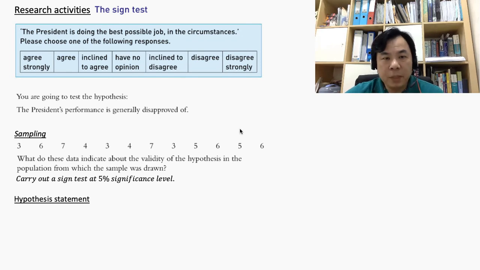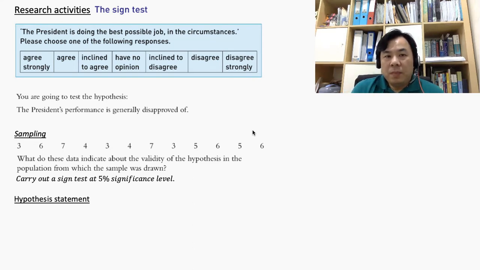So now you are going to test the hypothesis: the president's performance is generally disapproved of.